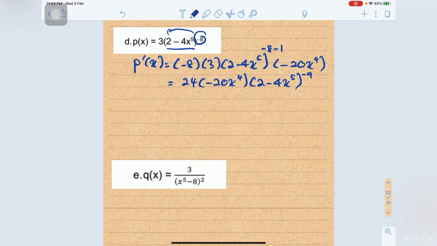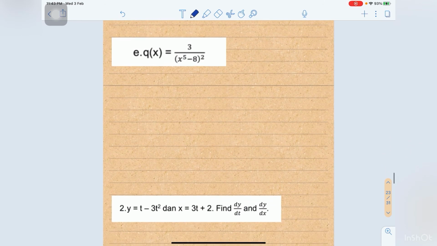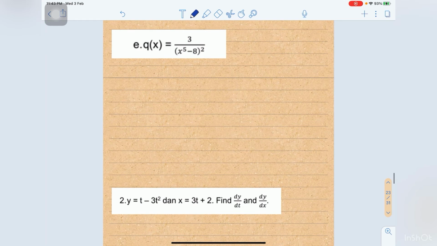Okay, so next question. Here we have a function like this. As usual, if we have a variable as a denominator, we have to move it up. So now q(x) equals 3x⁵ minus 8 to the power of negative 2.